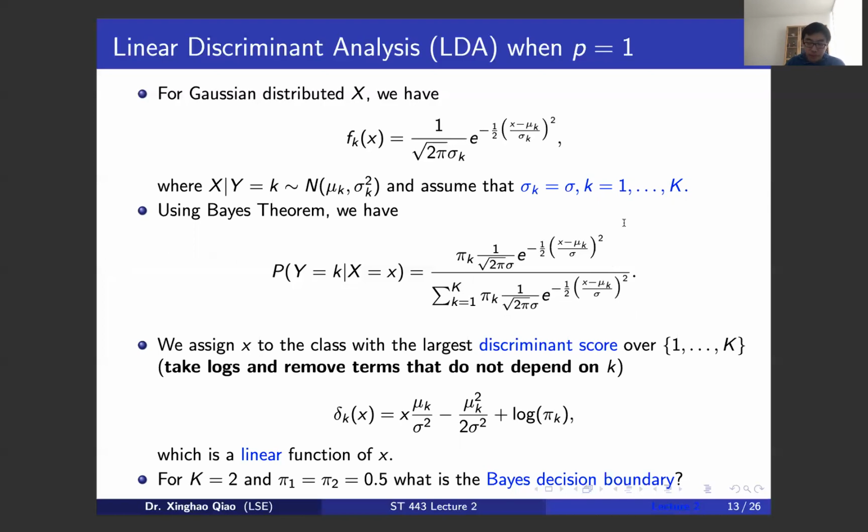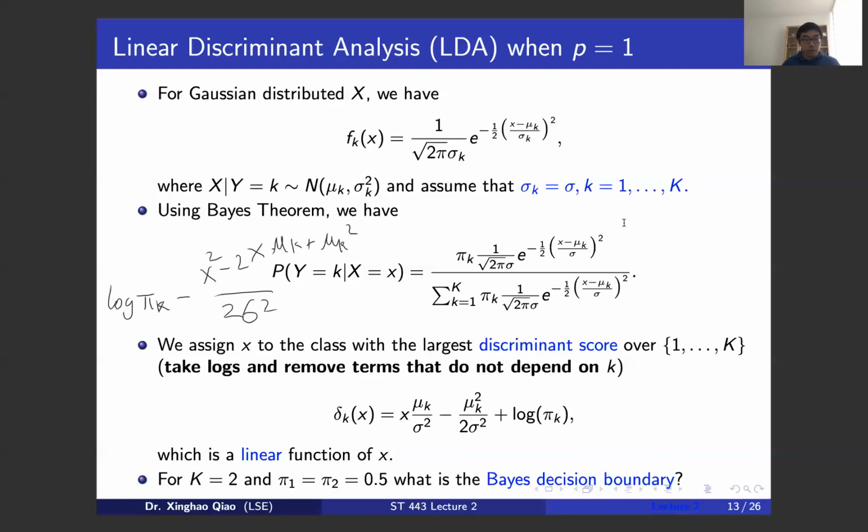To facilitate computing, we may take the log transformation, and because the log is a monotone function, this will not change the relative magnitude. If we take the log, the first part becomes log of pi k, and the second part becomes minus 1 over 2 sigma squared times x squared minus 2 times x times mu k plus mu k squared.